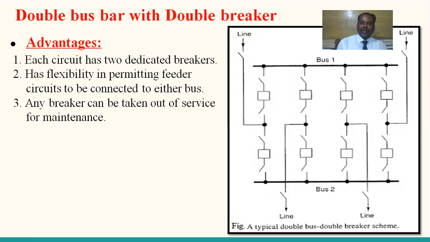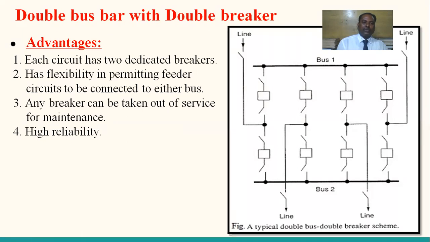So if there is any failure of the breaker, at any time you can take it out of service for maintenance. And high reliability. As the system is costly and advanced, obviously the cost of the system increases and gives better quality, better reliability, better continuity.